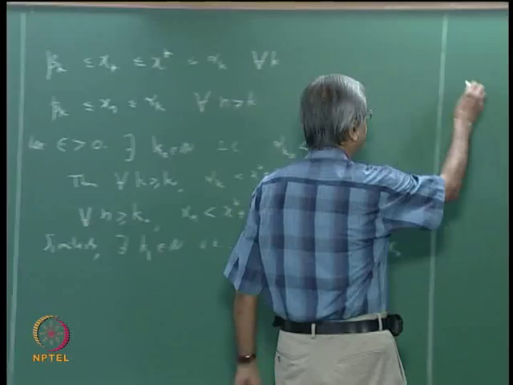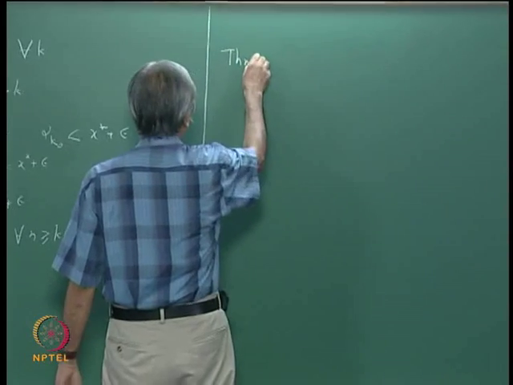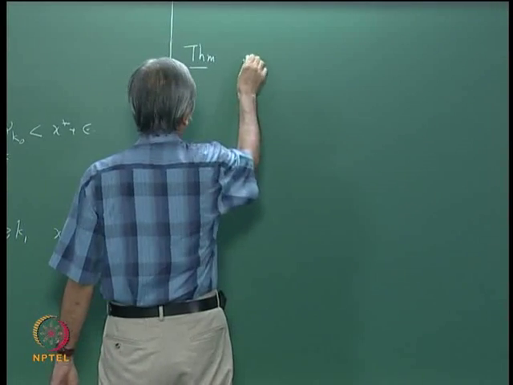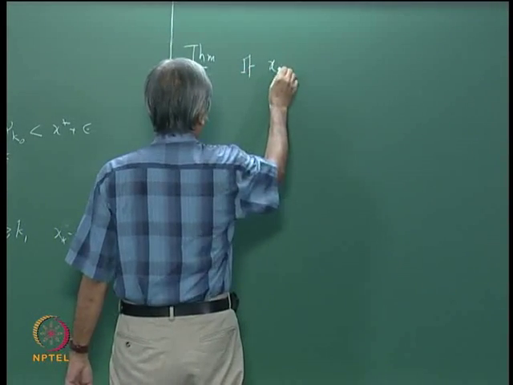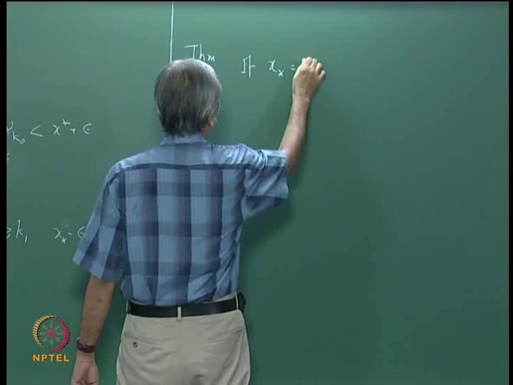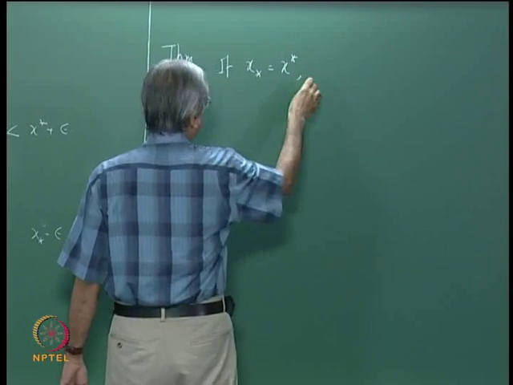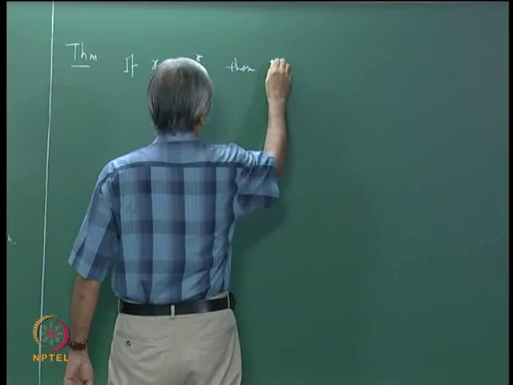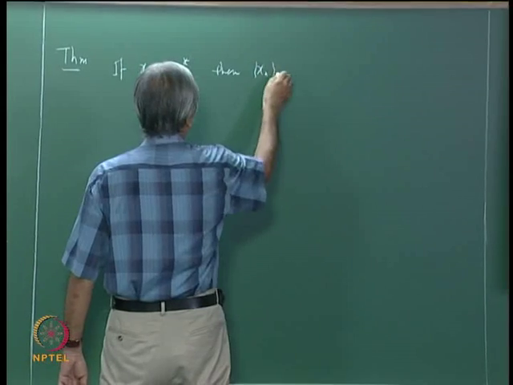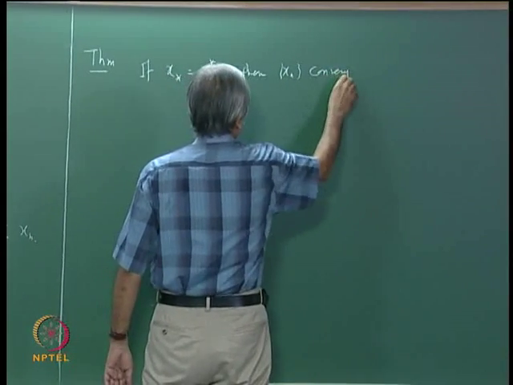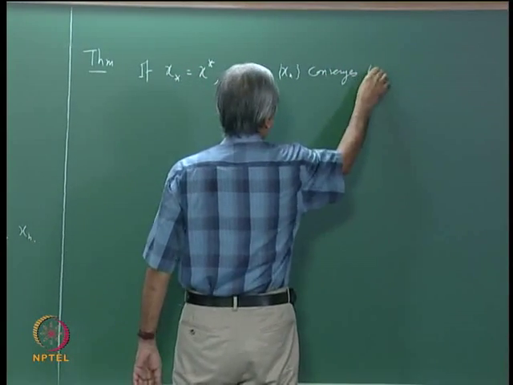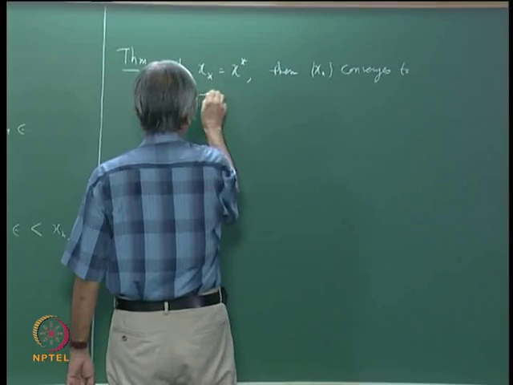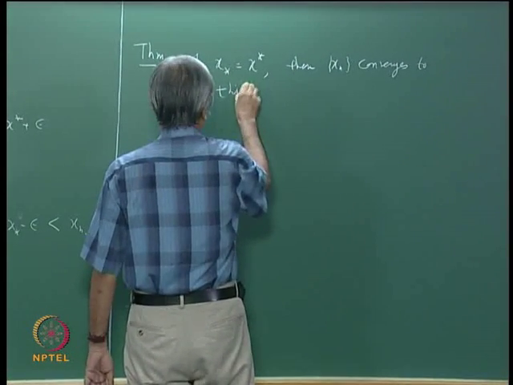Let me write this as a theorem: if x star is equal to this, then xn converges to this common value.